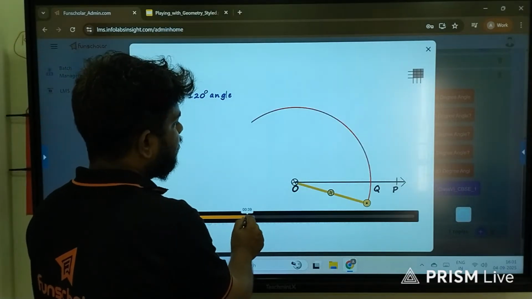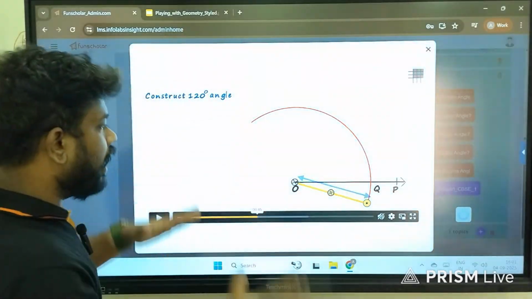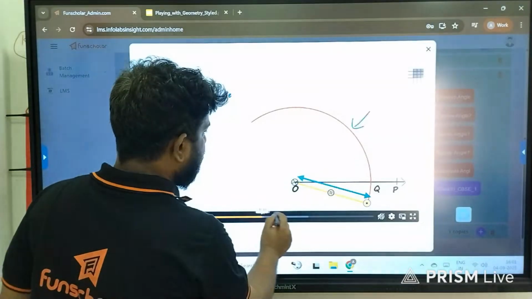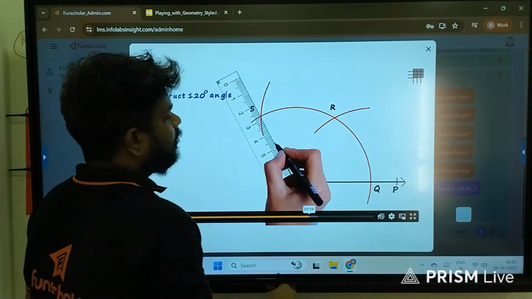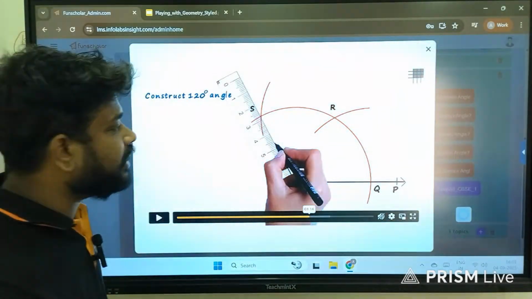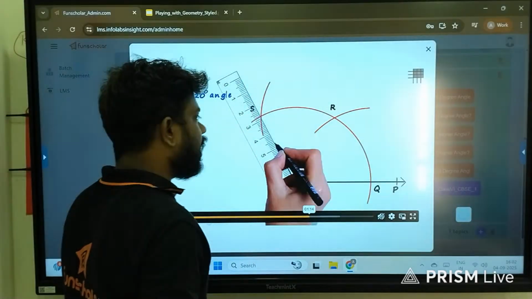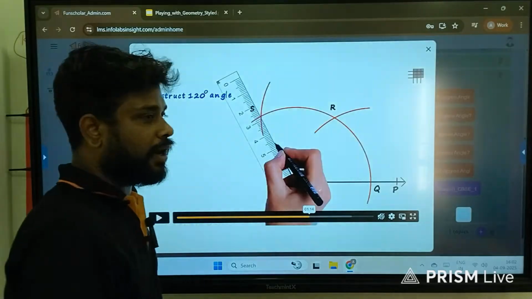The second thing is to take a measurement and draw an arc and cut the straight line with a point Q. Okay, and the third step is to, with the same measurement, cut the arc in the point R, and with the same measurement cut the arc in the S part.